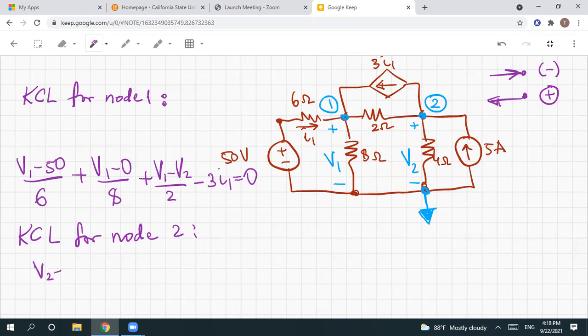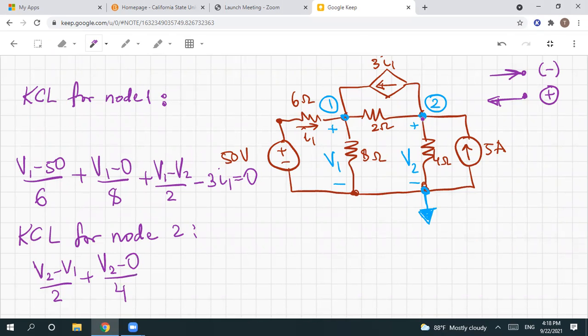Thank you. What will be the current leaving in the 4 ohm resistor? In the chat box, it says V2 over 4. Thank you so much. So V2 minus 0 over 4.